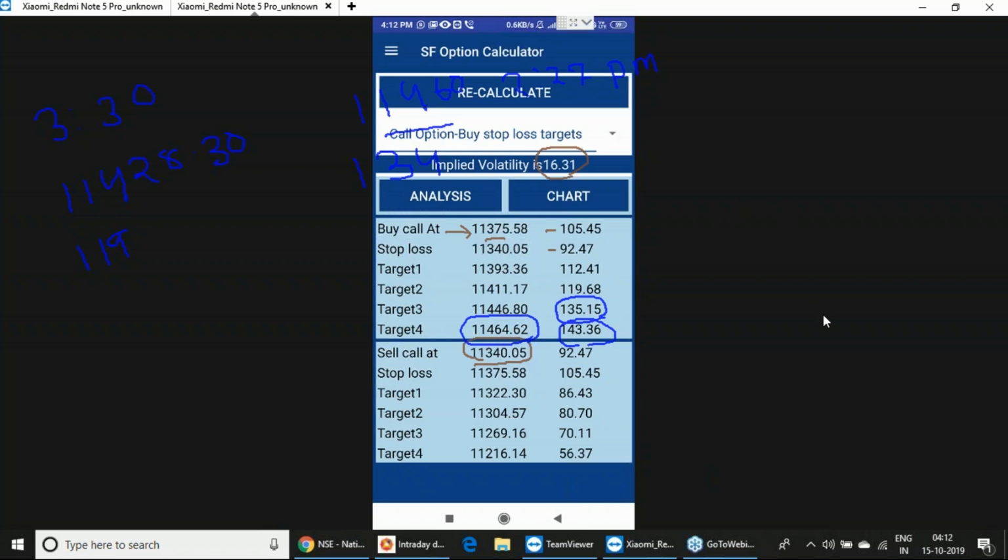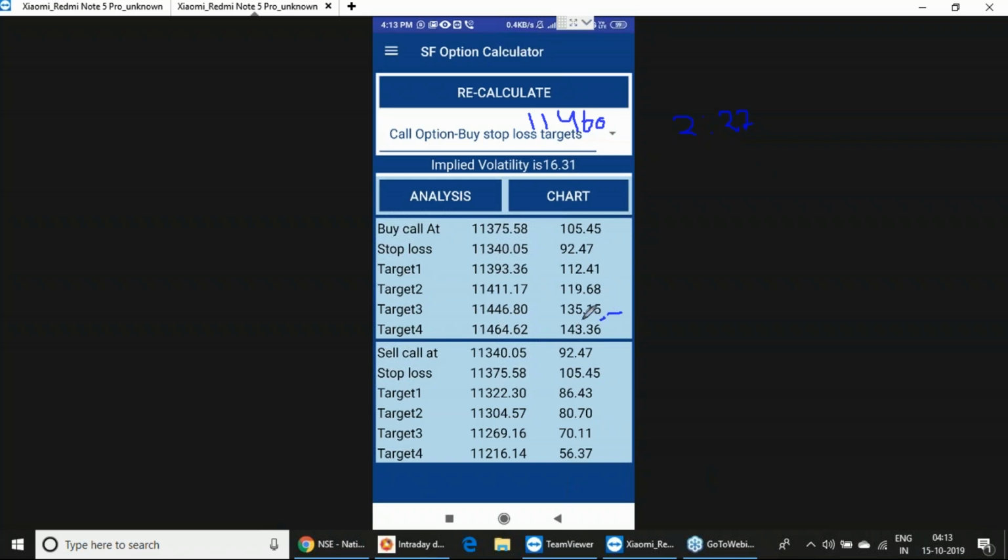So here I just want to point out one thing. This particular high of 11,460 is happening towards the end of the day, at 2:27, so hardly 1 more hour is left till expiry, and whatever the theta of the options, it is getting reduced from that. If the theta of the option is 5 or 6 rupees, the theta is getting reduced and you are getting a lesser target.